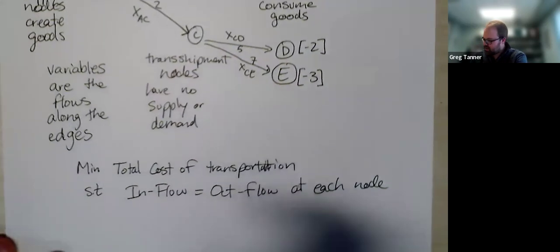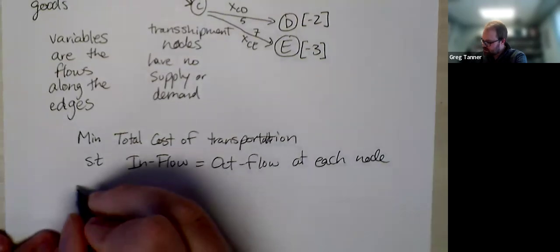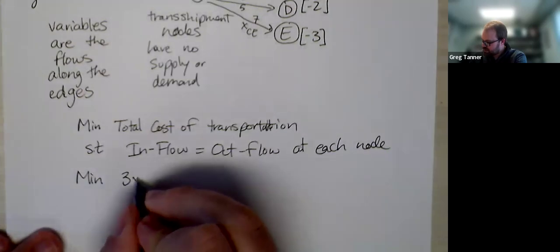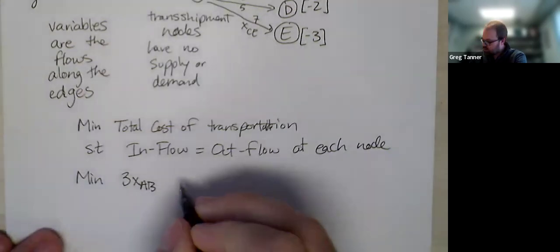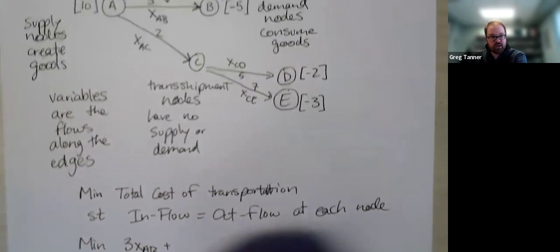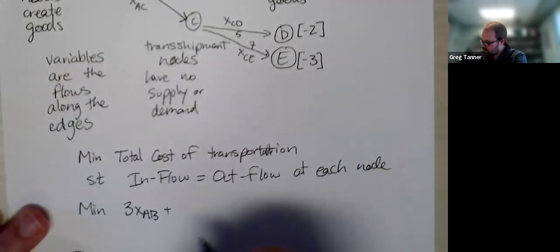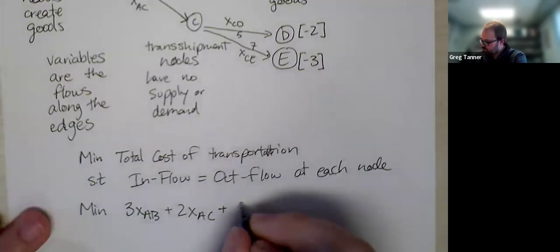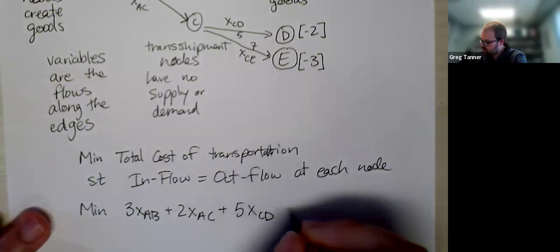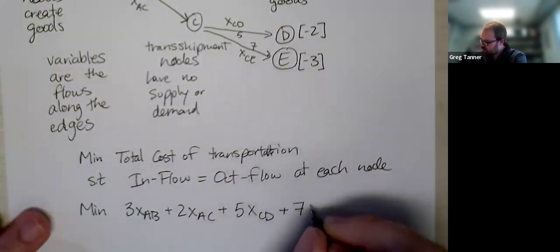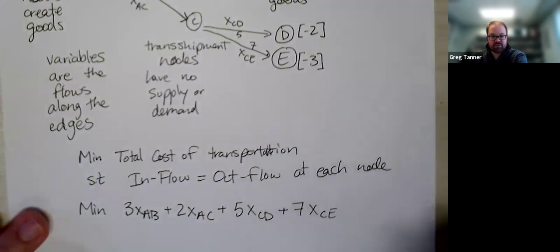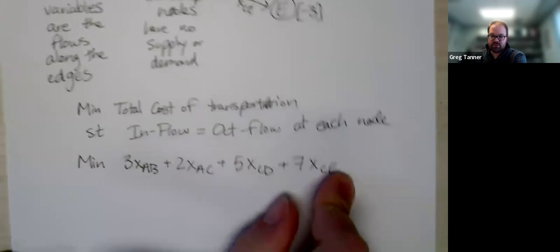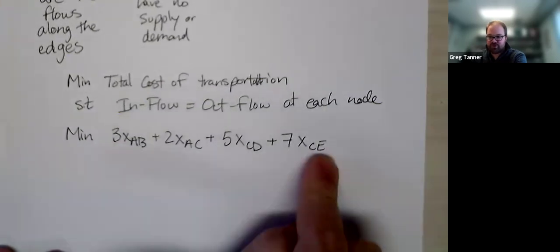In this case, we'd want to minimize 3 times XAB plus, I've got a cost of 2 on XAC, plus 5 XCD plus 7 XCE. So I've got 4 edges in this network. These are the 4 costs.